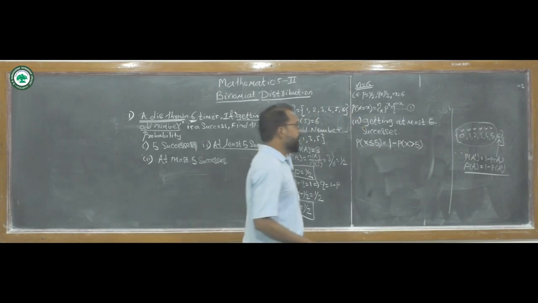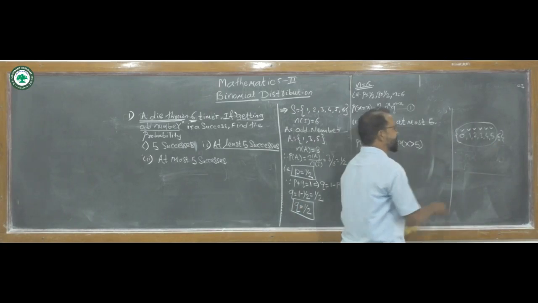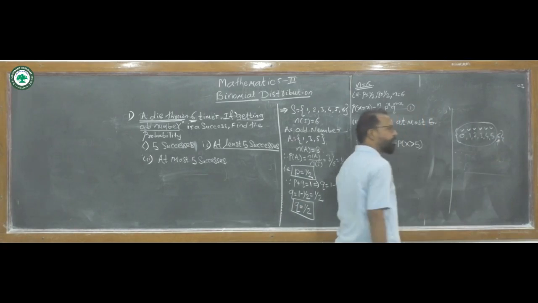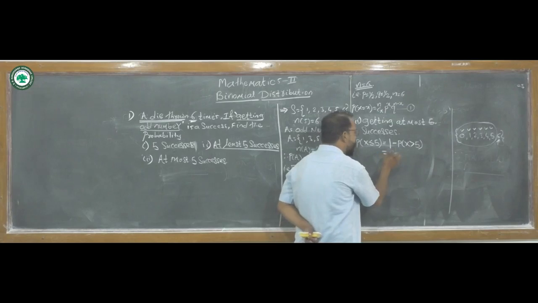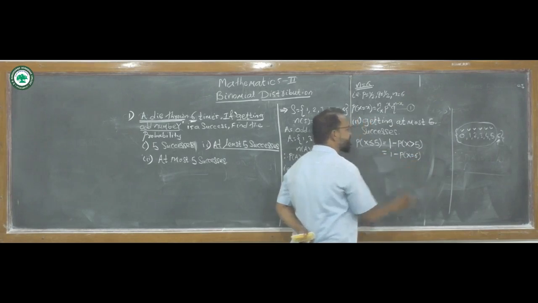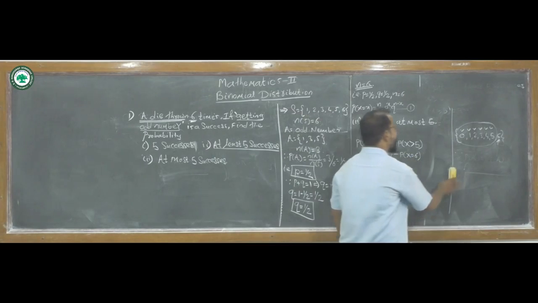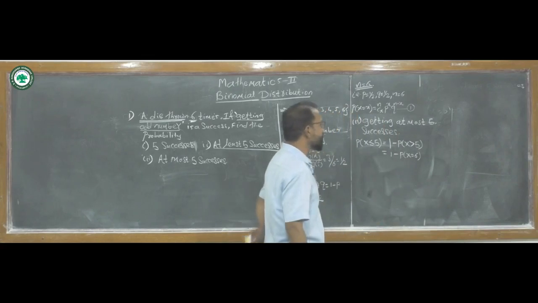Now the only value greater than 5 is 6. So this can be written as 1 minus the probability of x equals 6 only.